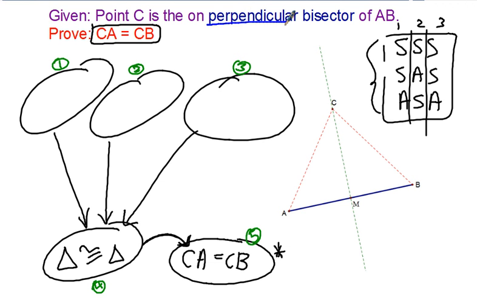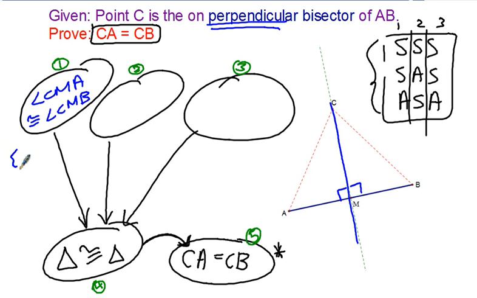All right, so here again, we have fact one. This line is perpendicular, so it meets at right angles right there. And so angle CMA must be congruent to angle CMB. We'll make a note here that we knew that because those were both right angles, so they're both 90 degrees, and they must be congruent.